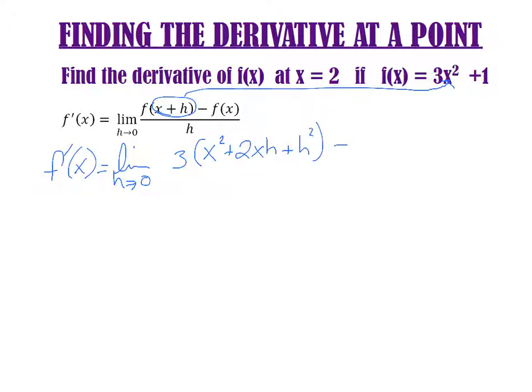Oh, sorry, hang on, I didn't finish writing this. I plugged this in for x squared, right? But I still have that plus 1, so don't forget to do the plus 1, like I just did.